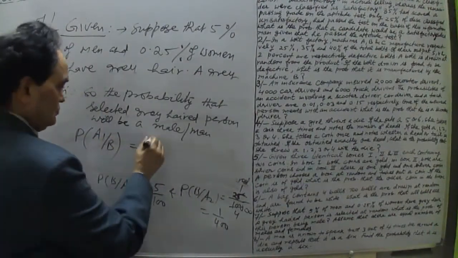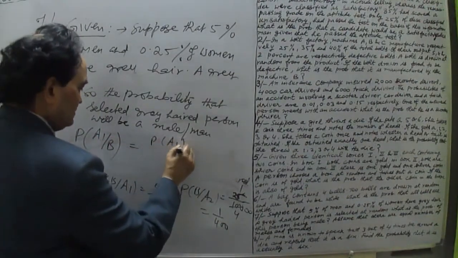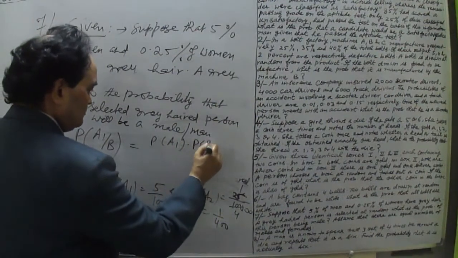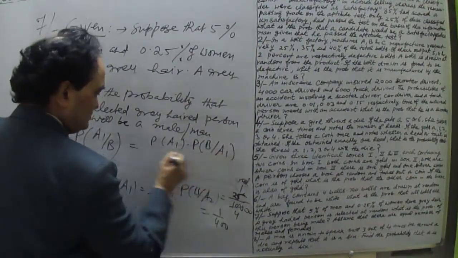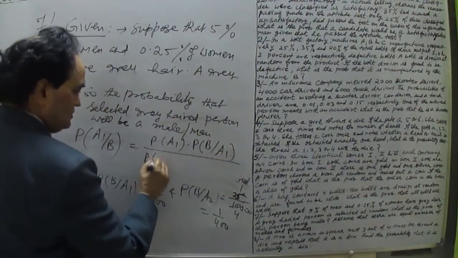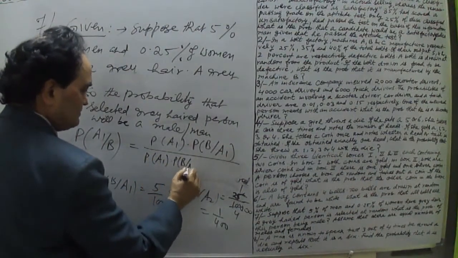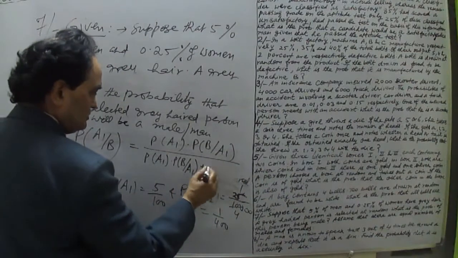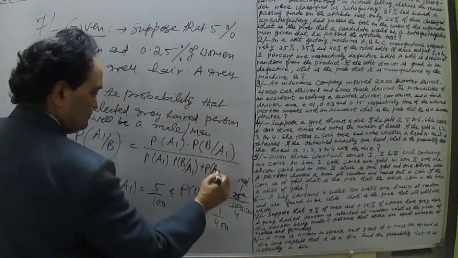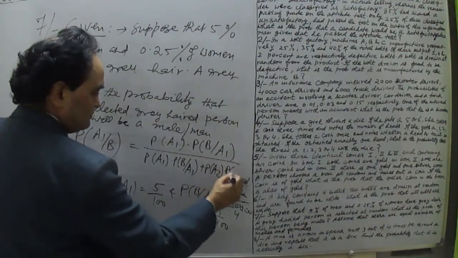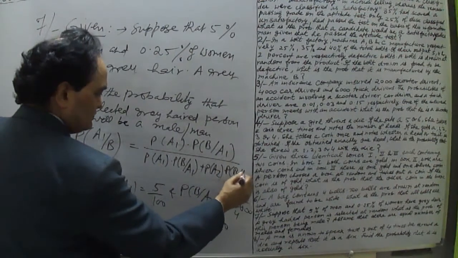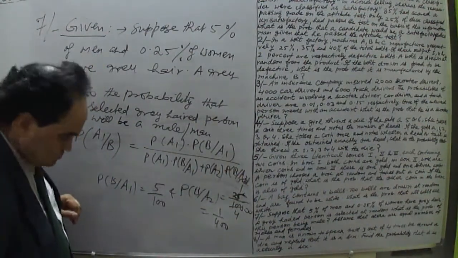This equals probability of A1 into probability of B given A1, divided by probability of A1 into probability of B given A1 plus probability of A2 into probability of B given A2. What are these probabilities?